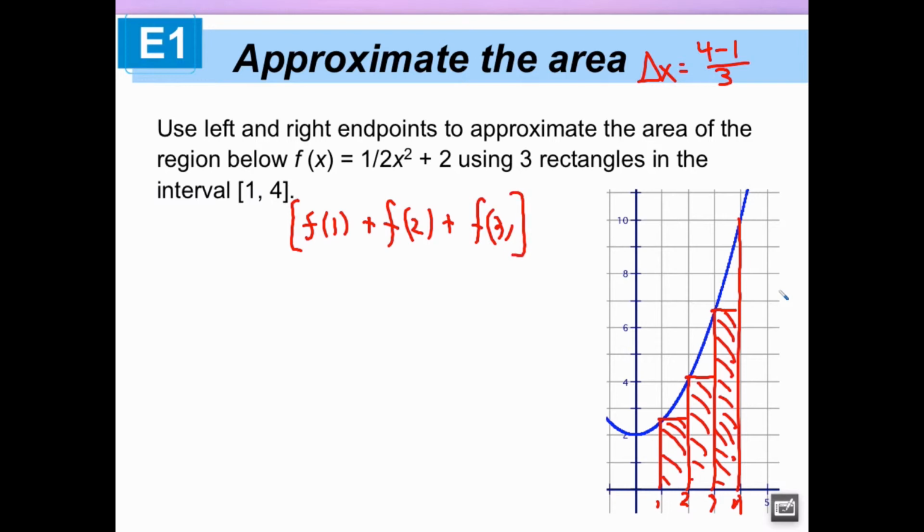And delta x is equal to 1, so I'm going to put a 1 out in front. So instead of doing base times height plus base times height plus base times height, I just factored out the width, or the base, and then do that. What's f of 1? 2.5. 3 halves. 3 halves or 2.5?